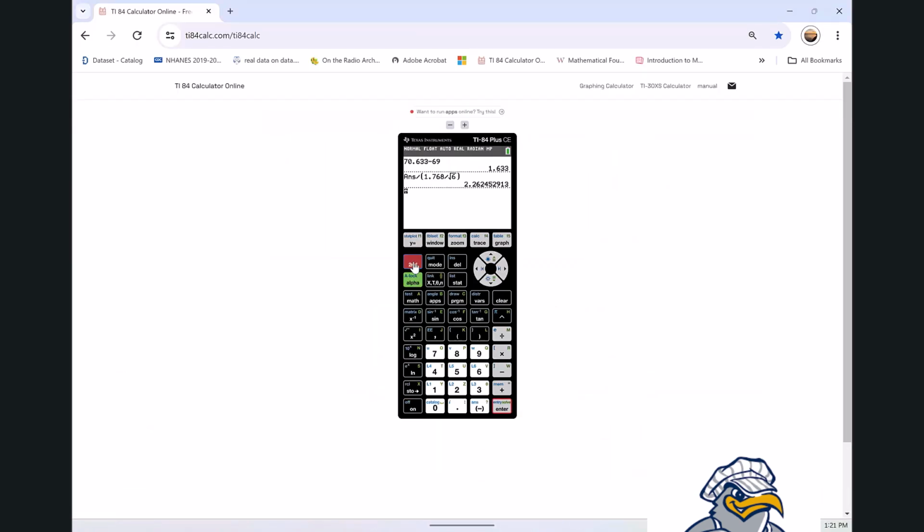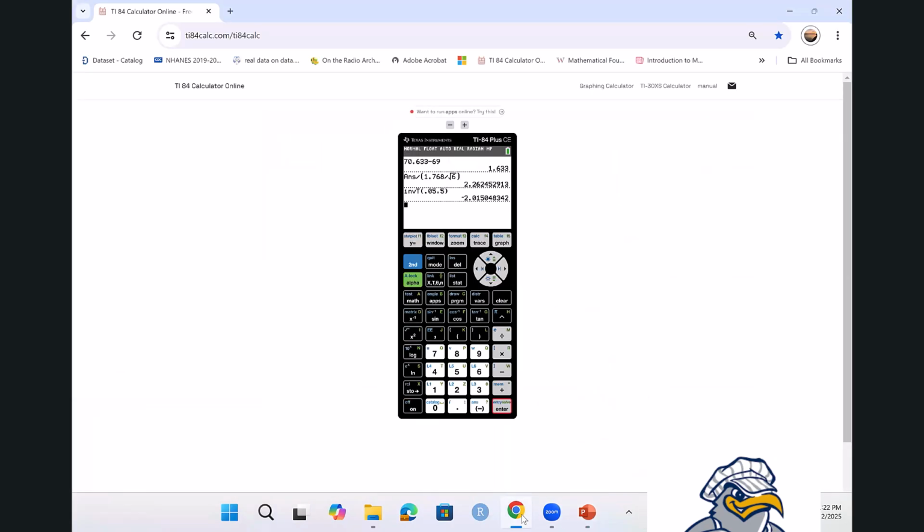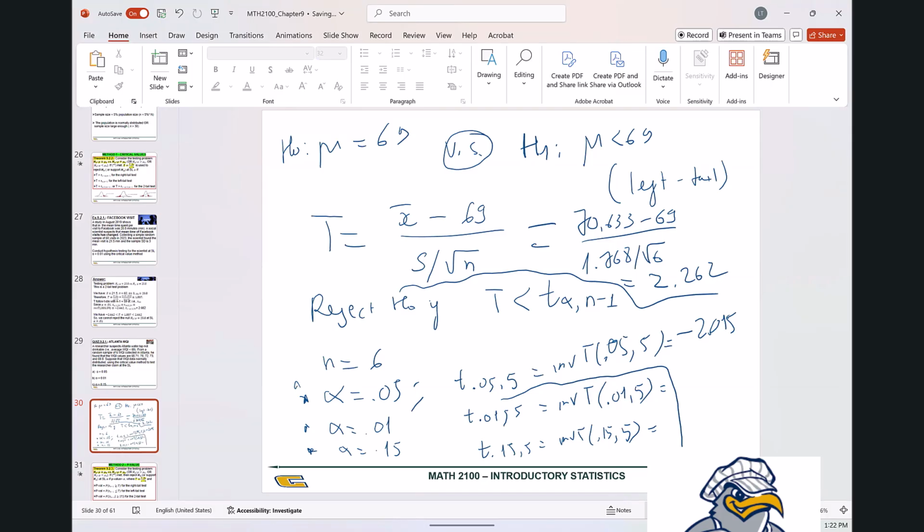First, inverse T distribution with area 0.05 and 5 degrees of freedom gives negative 2.015. So in this case T is not less than T 0.05, and you cannot reject H naught at alpha 0.05.